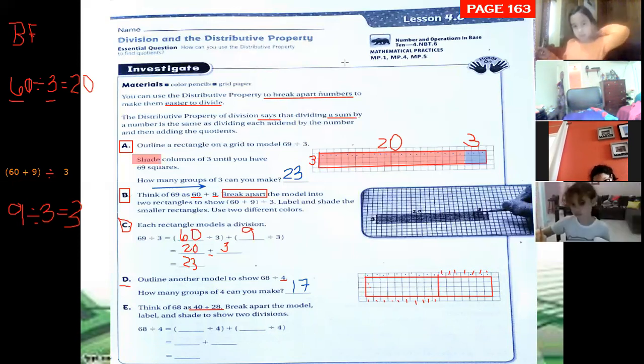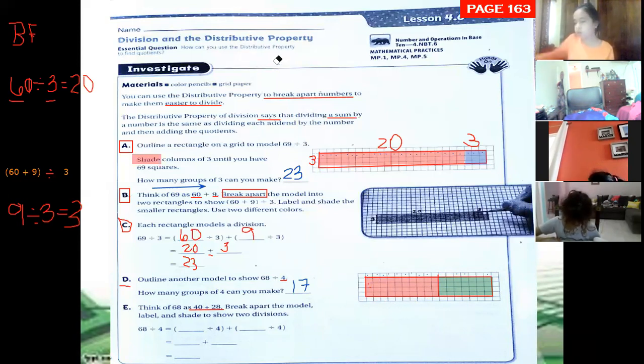We're going to shade. Let's shade the model. That's what it says: break apart the model, label, and shade.